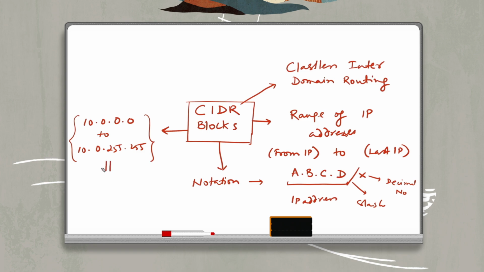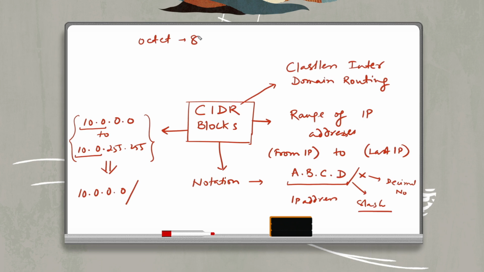Now, another way to write it in terms of CIDR notation is you write this particular IP, 10.0.0.0. Then, as we have already discussed, there is a slash character. And after that, there is a decimal number. So here you see these octets.